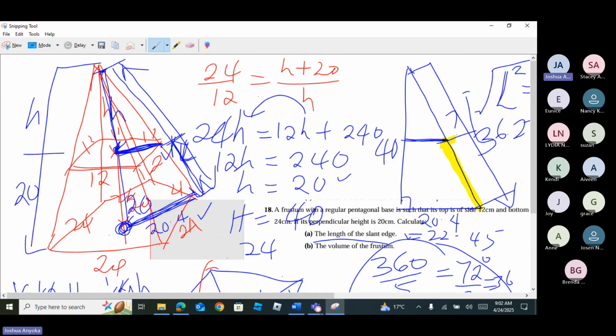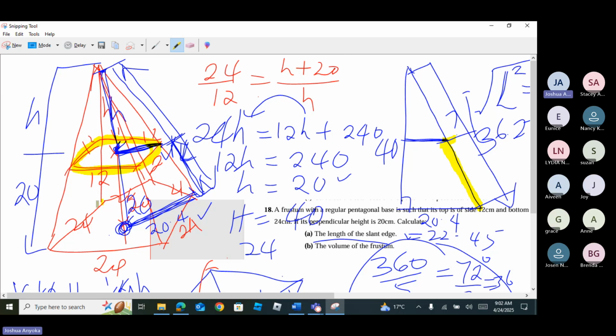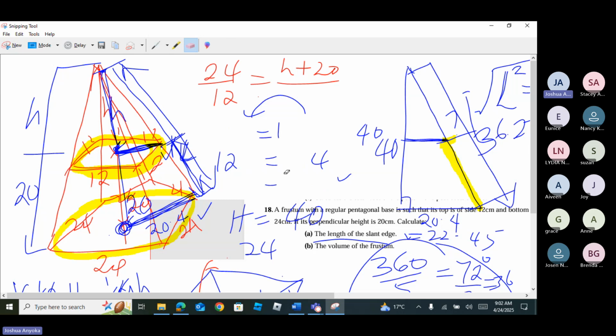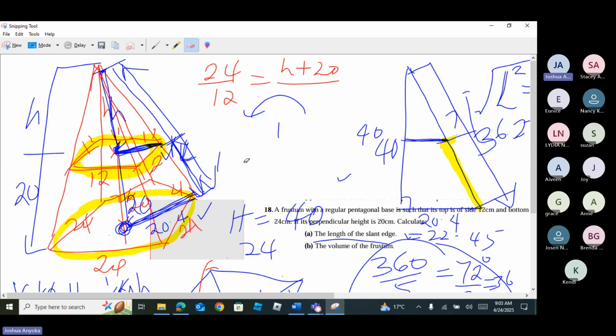Now we have another area, the top. This one. We need the area of the base so that we multiply by the complete height, and the area of the top. So let's analyze the top and see how it is behaving.